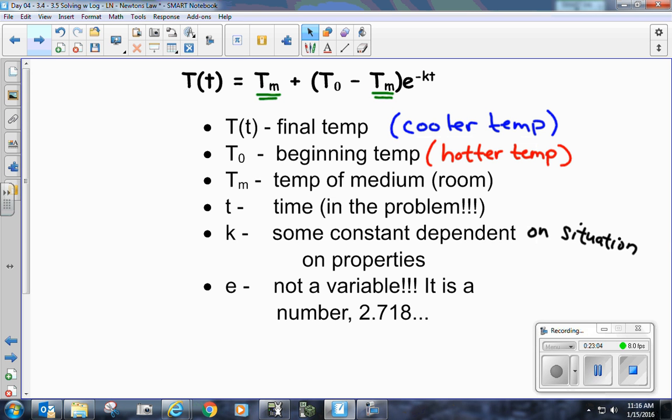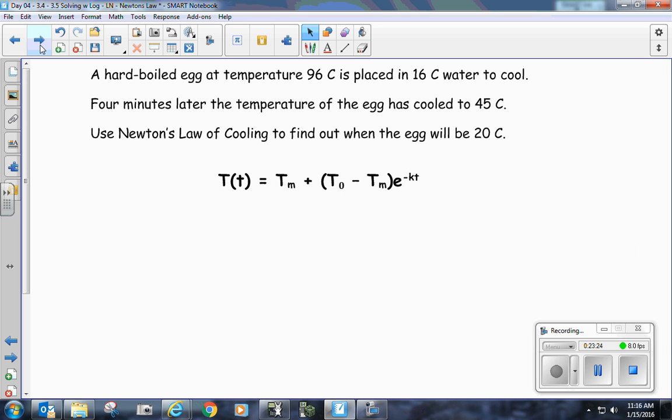Typically, there are some problems where they say, okay, solve for this, here's your K value. Sometimes they give it to you. But typically in PreCalc, we have to take our environment and solve for K first. Once we have that, then I can solve for other things in the future. Meaning, they will give us a problem like this.